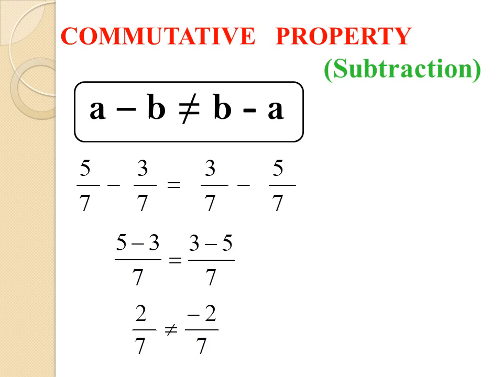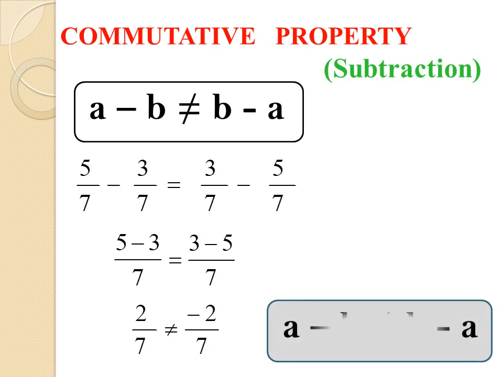So when you see these answers, what can we conclude? We conclude that commutative property is not true for subtraction. That means that you cannot change the order of numbers while doing subtraction in the rational number system. That's what it is. A minus B is not equal to B minus A.